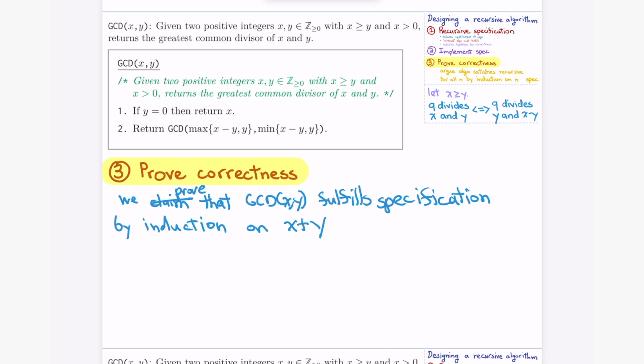Okay, so this is also going to be a little bit awkward. What would be a base case? x plus y equals 1, maybe, as a base case.